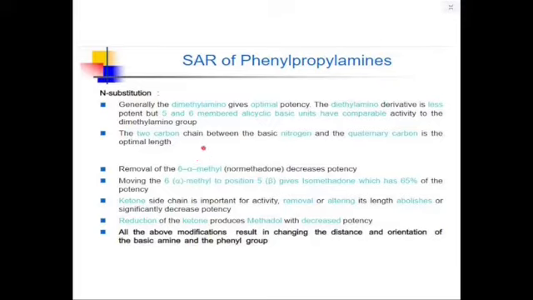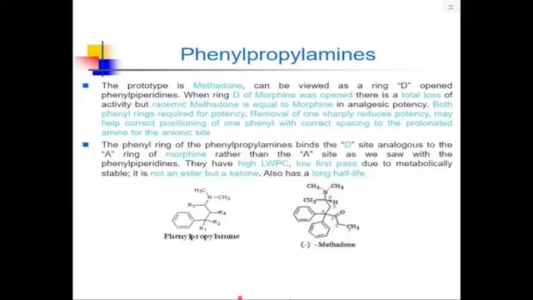The 2-carbon chain between the basic nitrogen and the quaternary carbon is the optimal length. Same thing we had mentioned all along, that the quaternary carbon, even in these ones, I did not want to stress it, but they do have a quaternary carbon, and we can draw the structures to see whether they agree with the morphine rule.